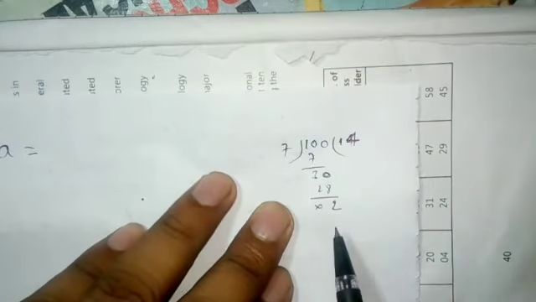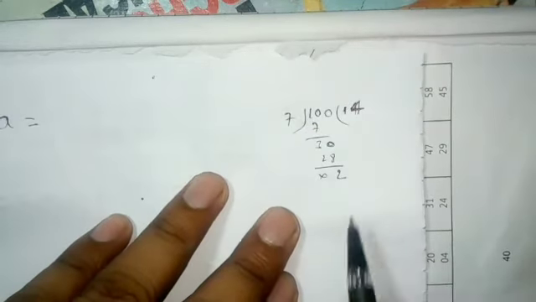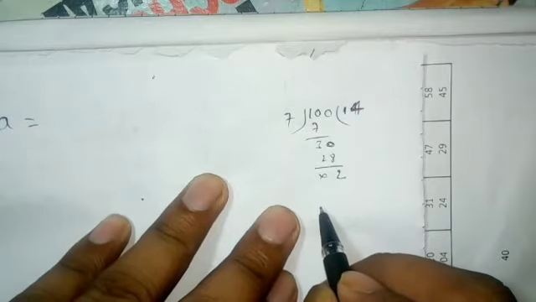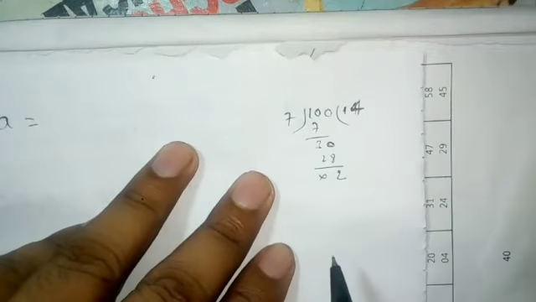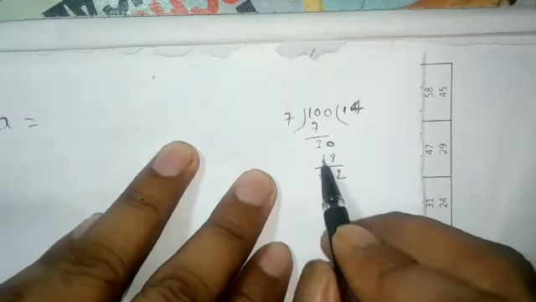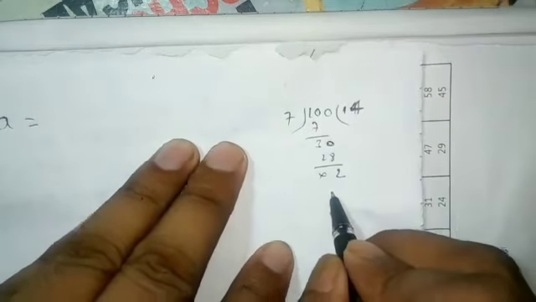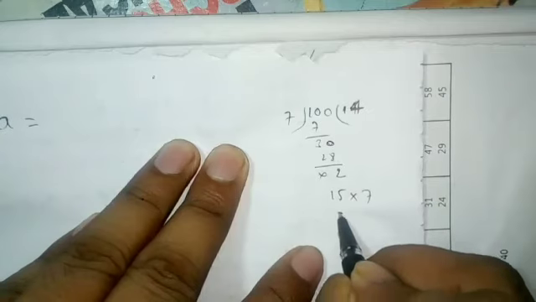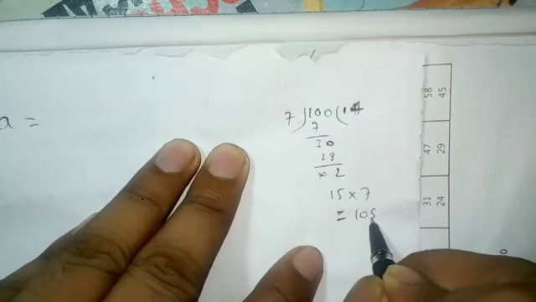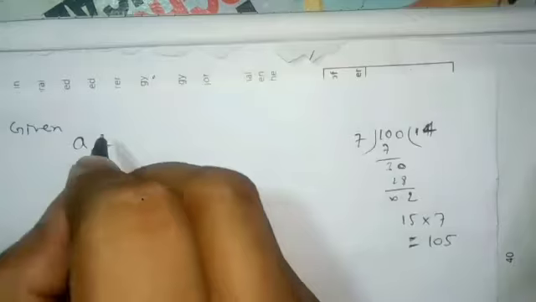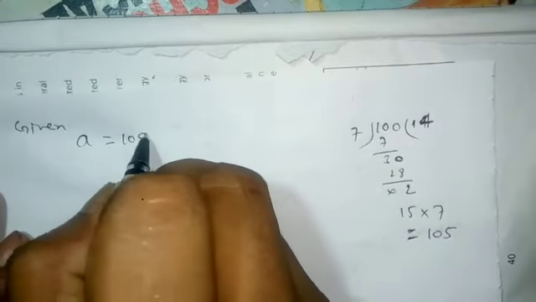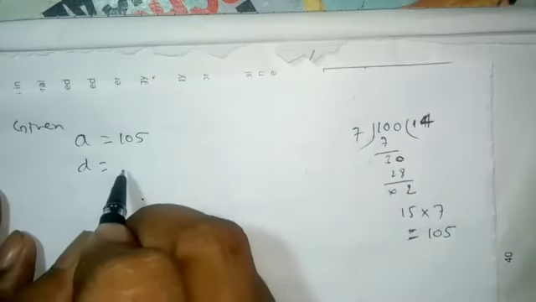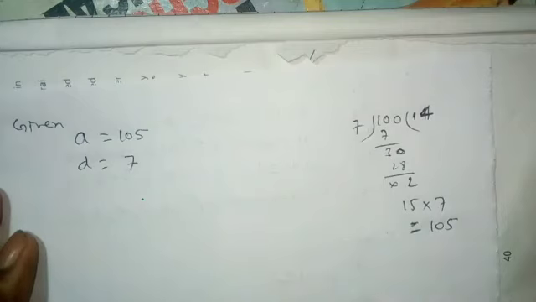It means that the least 3-digit number which is divisible by 7 is 15 into 7, which is 105. So A is equal to 105, D is equal to 7 because the given series is divisible by 7.